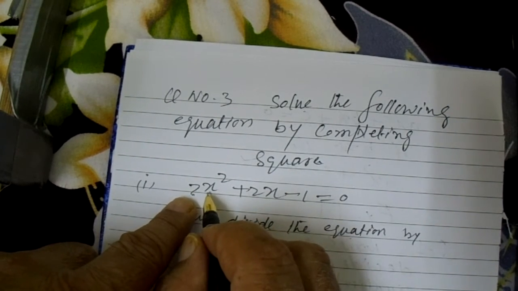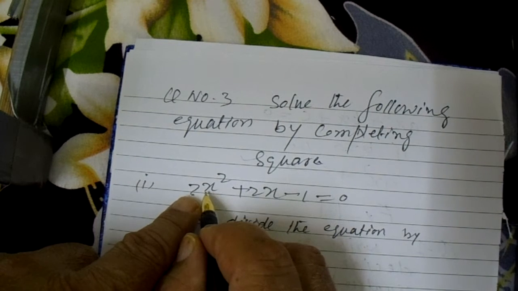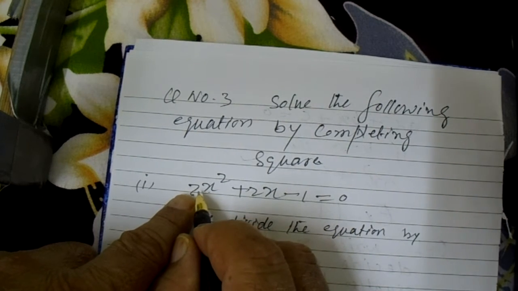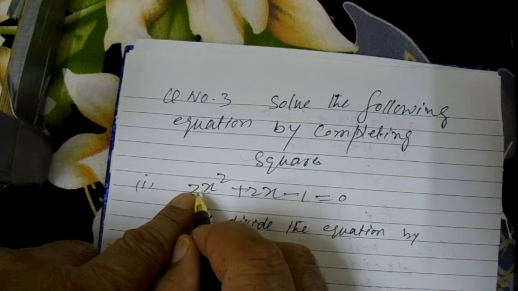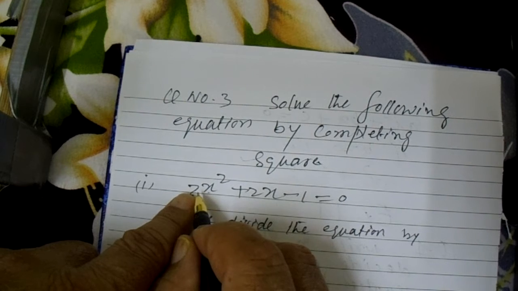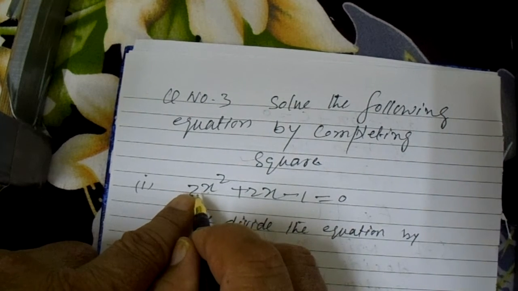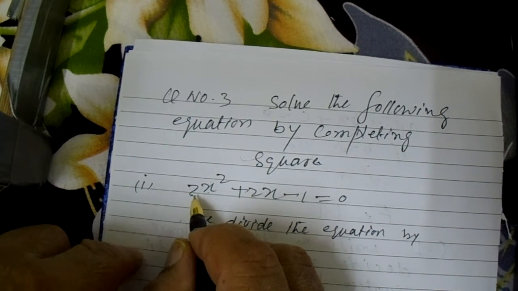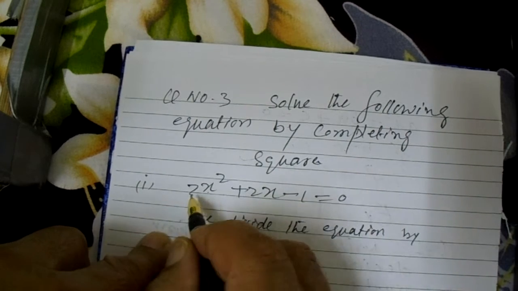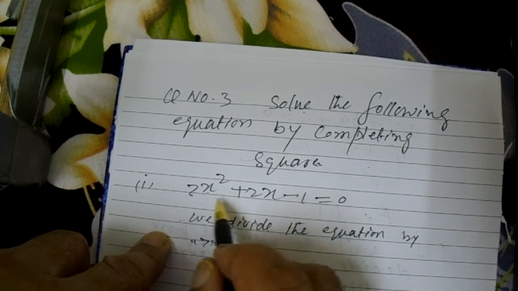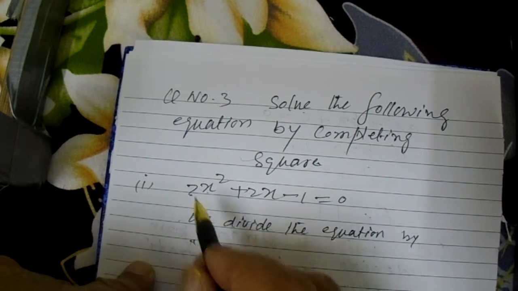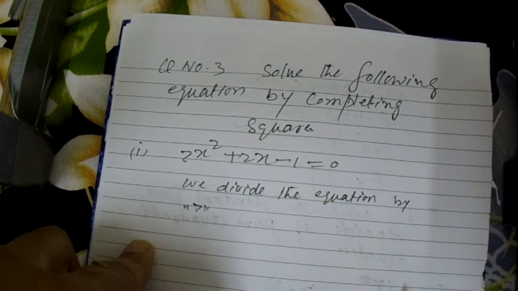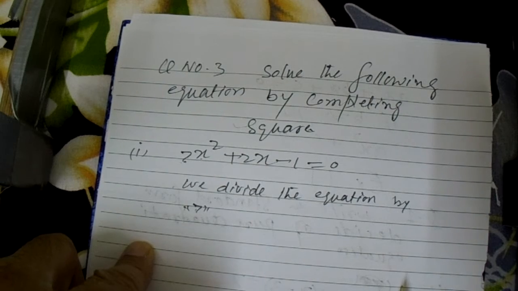If the coefficient of x square is 1, no, you write it again. If the coefficient of x square is greater than 1, it means 2, 3, 4, 5, 6 and so on, then you will divide the whole equation by the coefficient of x square. Now here the coefficient of x square is 7, we divide the equation by 7.